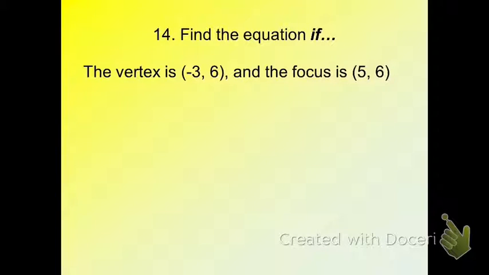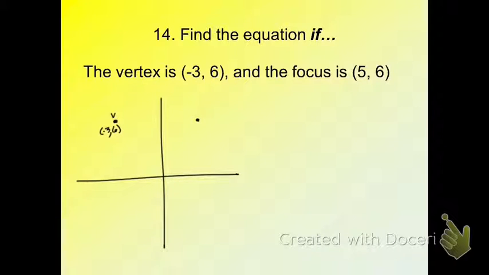So if I've got a vertex at -3, 6, and I've got a focus at 5, 6, which way is this going to open? To the right.